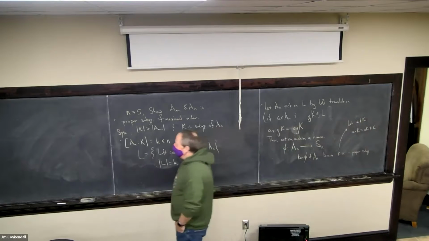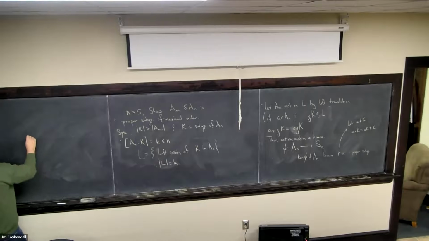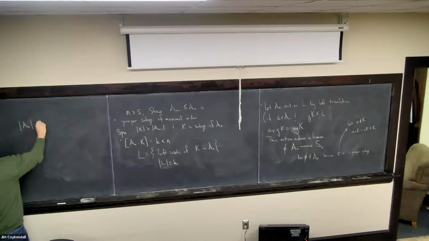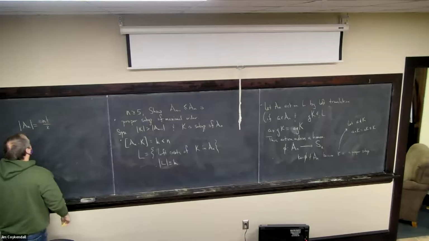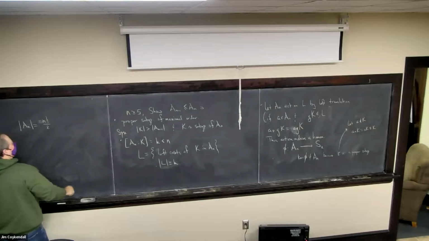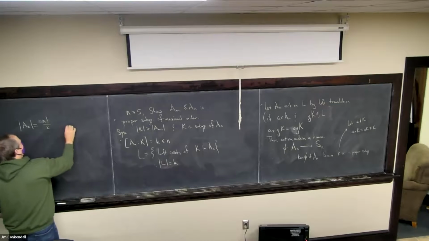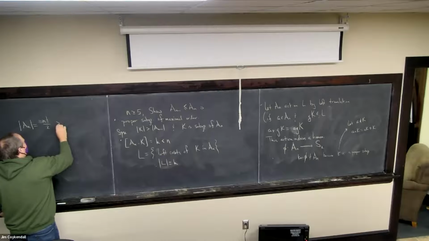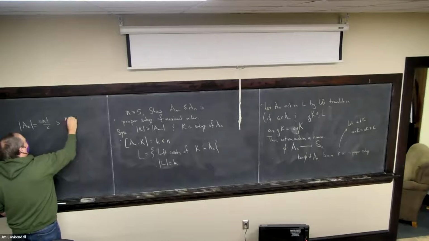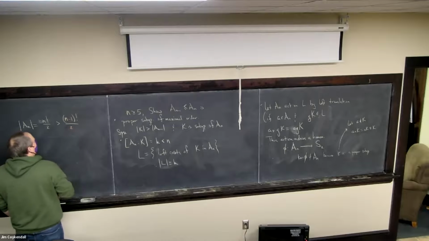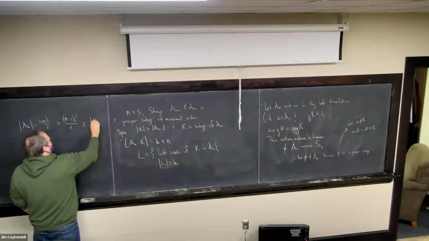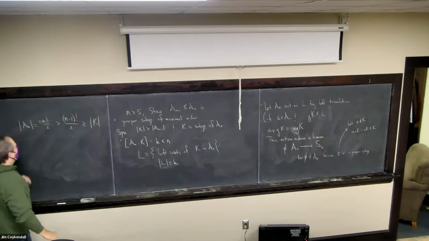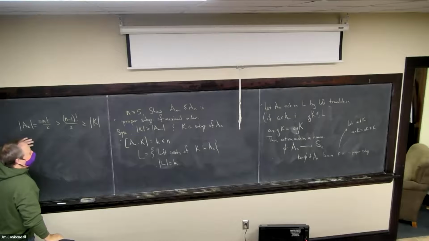Let me point out that the order of A_n is n factorial over 2, and the order of S_k is k factorial.